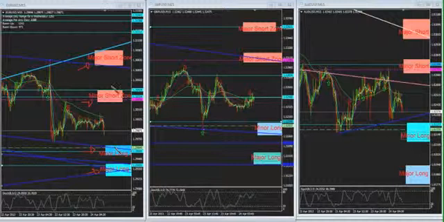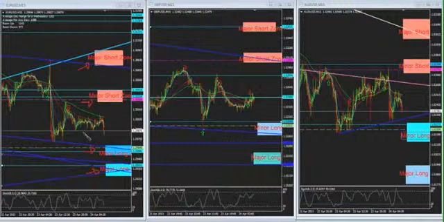So on the euro dollar, we have 1.3030 as the beginning of our initial entry zone, and the major zone is between 1.3070 and about 1.3090. So those are the two short zones.